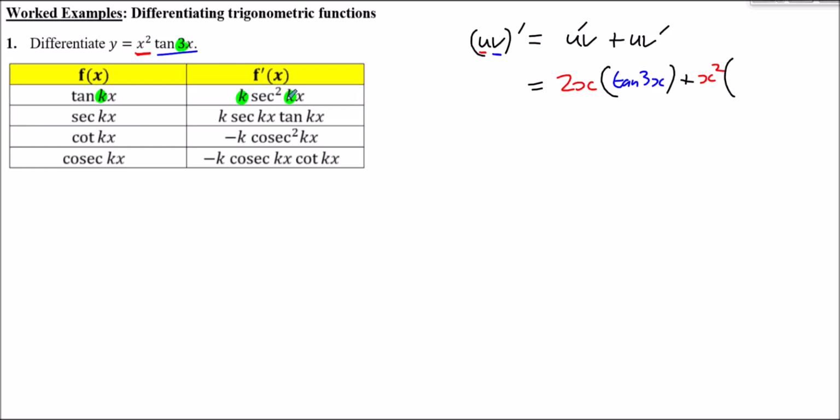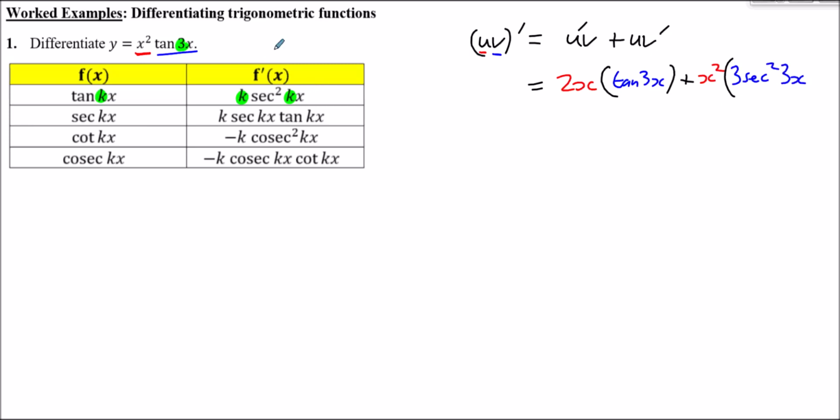This is where this form is going to help us. So differentiating tan of 3x will be 3 sec squared 3x.